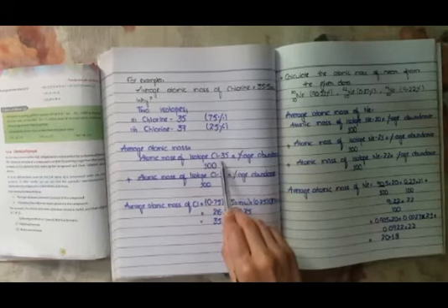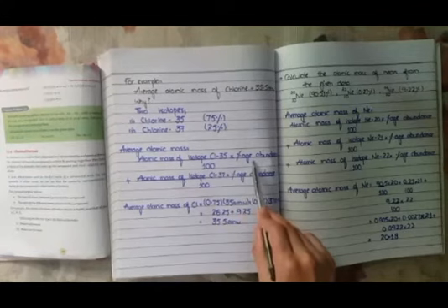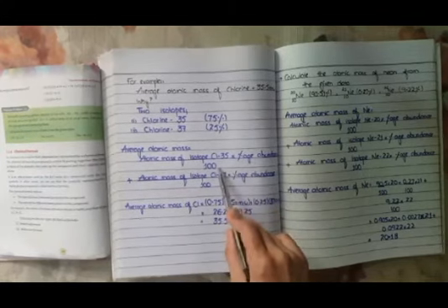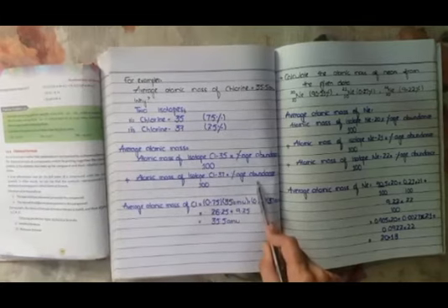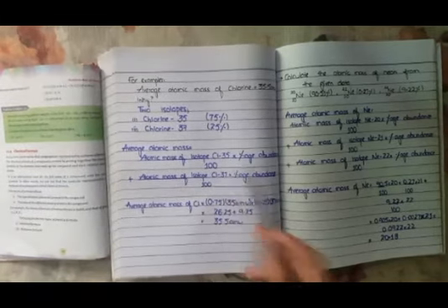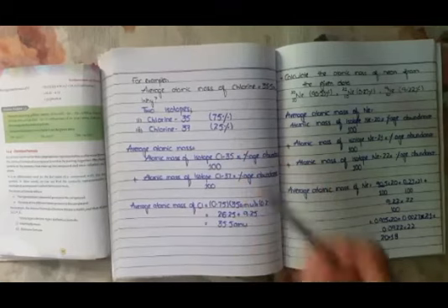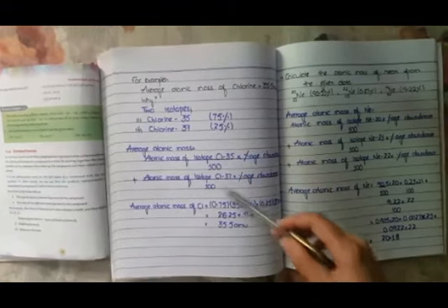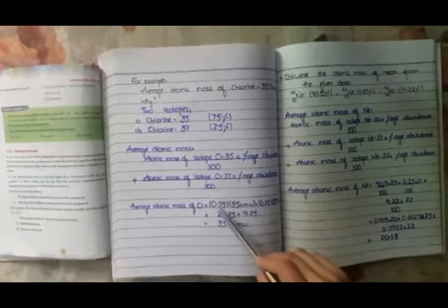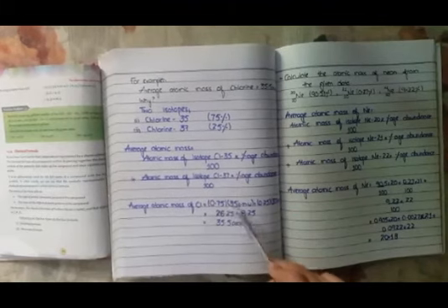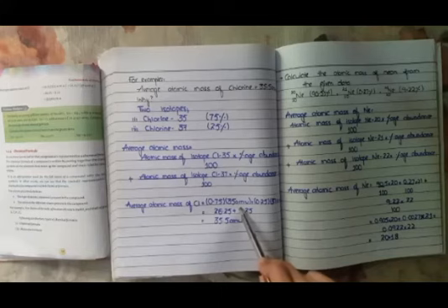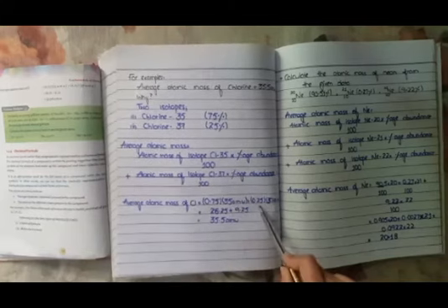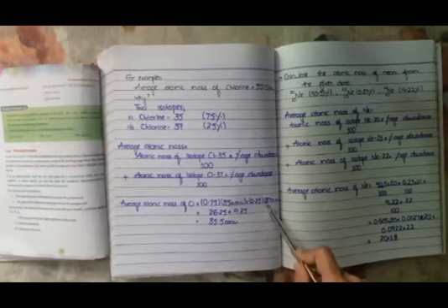In order to calculate its average atomic mass, we will write the formula: atomic mass of isotope chlorine 35 multiplied by its percentage abundance divided by 100, plus atomic mass of isotope chlorine 37 into its percentage abundance divided by 100. As this 75 is out of 100, we will divide this 75 by 100. We will get 0.75 into 35 AMU, which is the atomic mass of the first isotope, and this is the abundance of the second isotope whose atomic mass is 37.